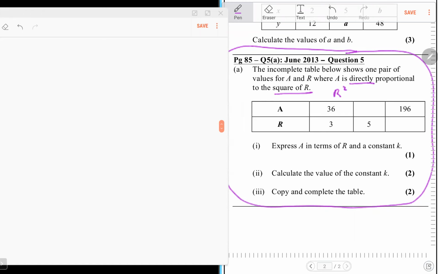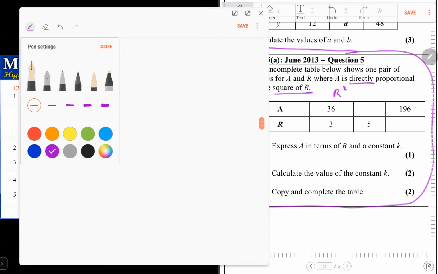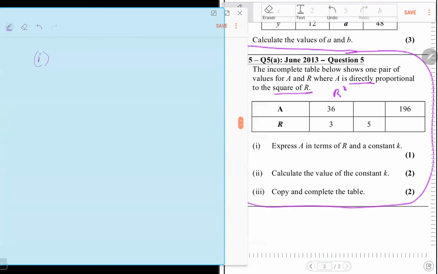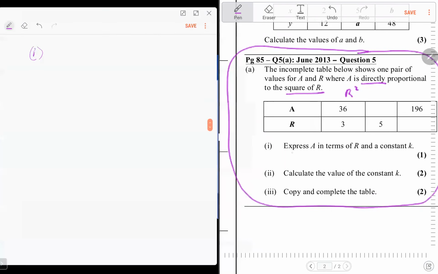So A is directly proportional to the square of R. The first question right here is asking us to express A in terms of R and a constant K.